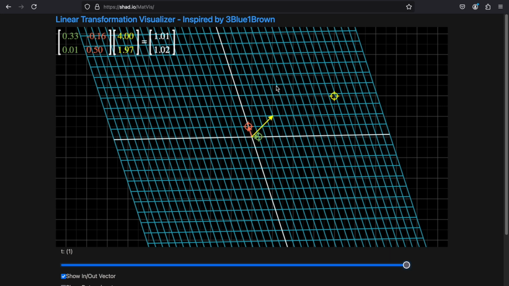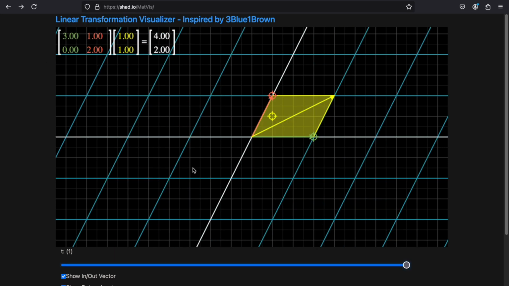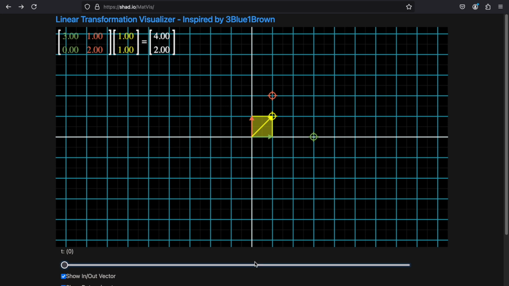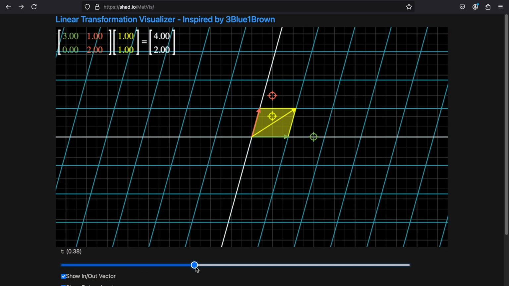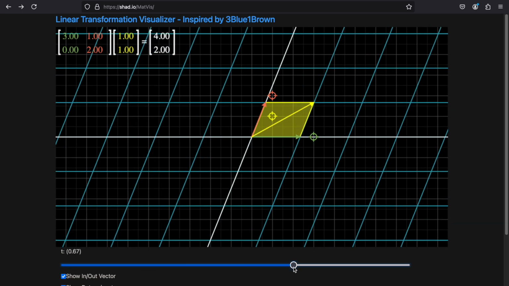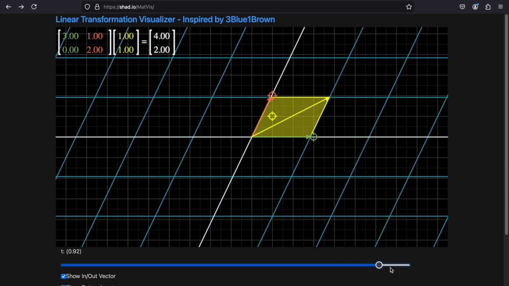Looking at the gray grid lines in the background, it is precisely at 1 comma 1. If you see how this visualization goes, it is kind of stretching the vector space. It stretched the spacing between the grid lines and moved forward, right?